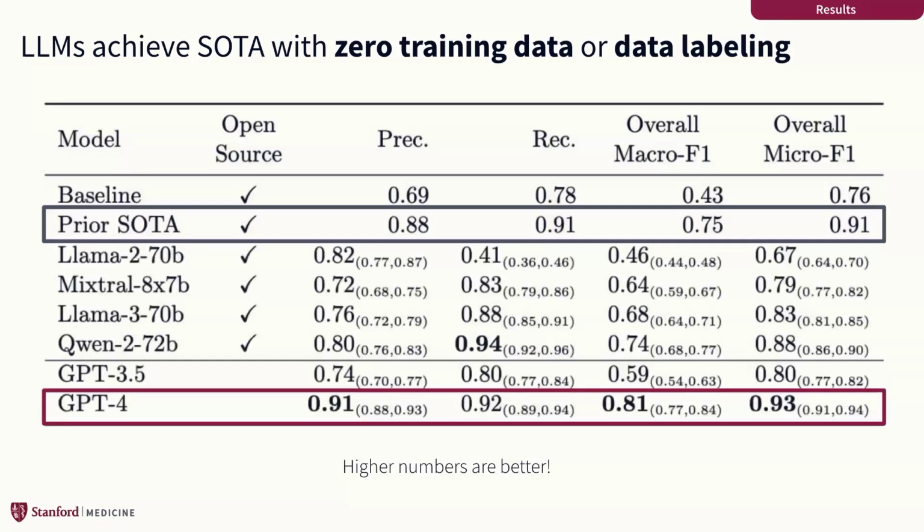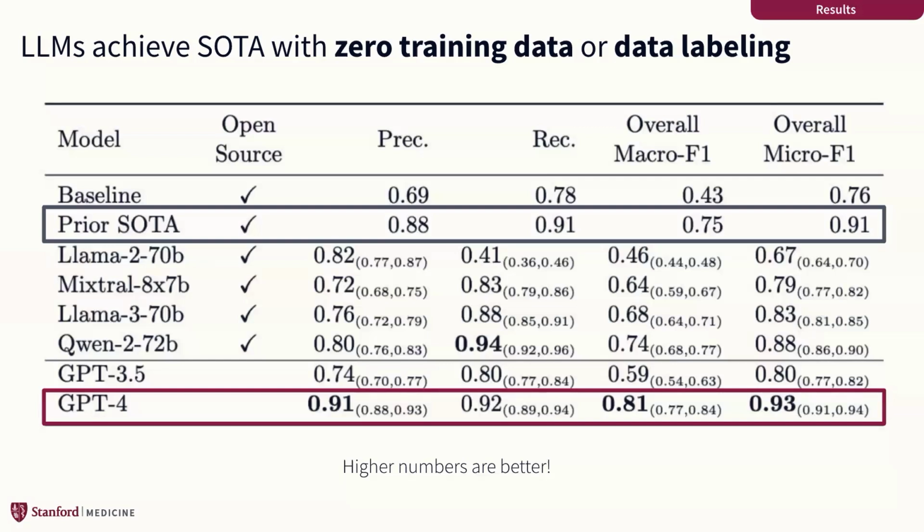And then here are all the LLMs with zero-shot prompting, and GPT-4 is at the bottom. And again, this was in February, so I'm sure it would be even better now. And as you can see, it's able to get the best performance on all these different metrics, precision, recall, F1, et cetera. The middle models are open source models, and then the bottom models are proprietary OpenAI models.